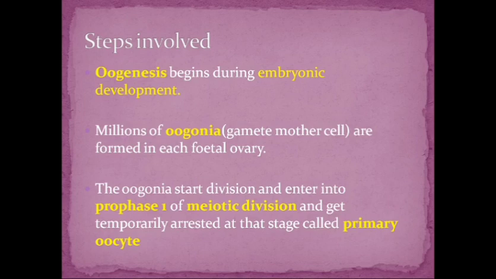And now what is formed? The oogonia after prophase 1 is called the primary oocyte. So when a female baby is born, the baby will be having a number of primary oocytes. Okay, hope it's clear.